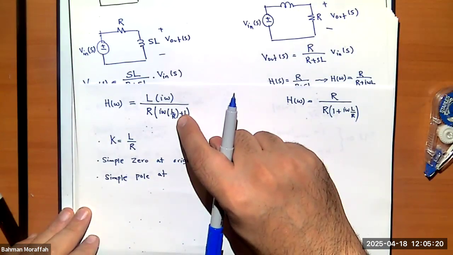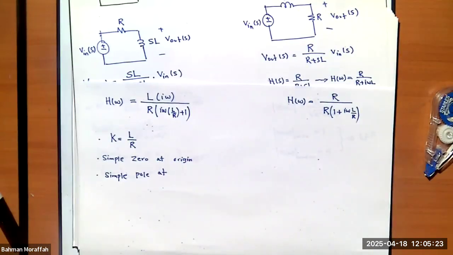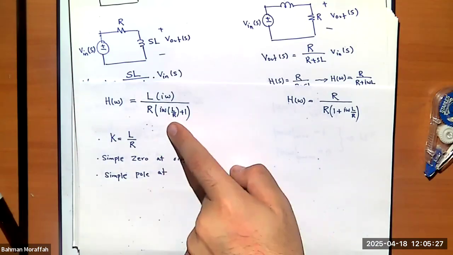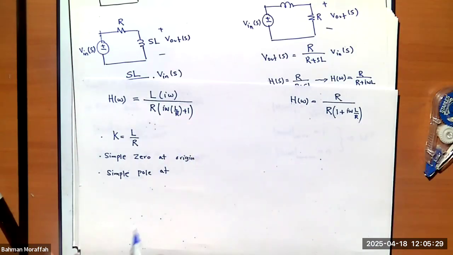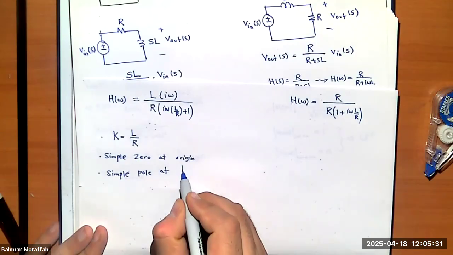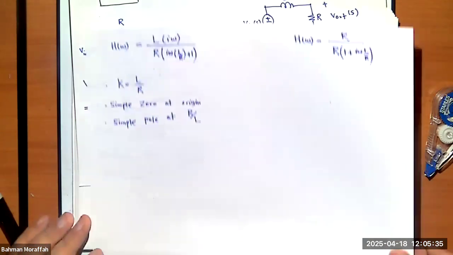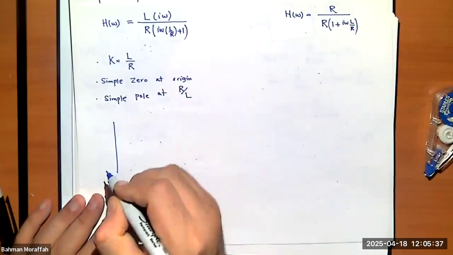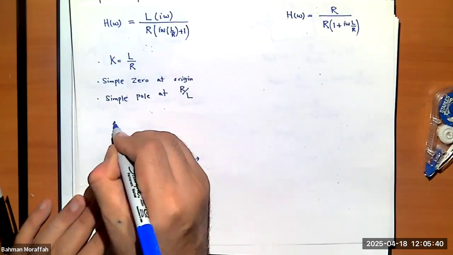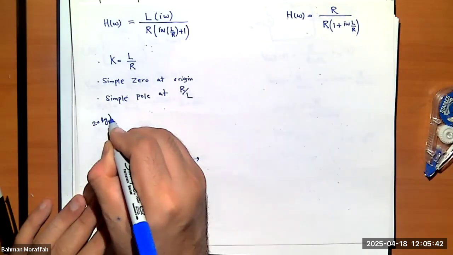Right? I have to write it as ω divided by p. So I have to take this L to the bottom. So I have a simple pole at R over L. Right? So if I plot it, what does it look like?